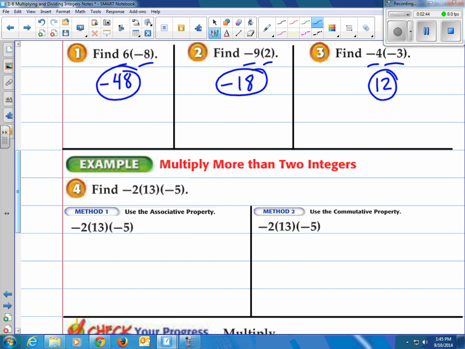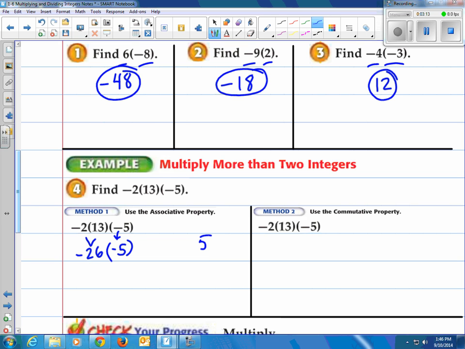If we associate the first 2 together, meaning let's just do those 2 together, we would take negative 2 times 13, which would be negative 26 because one's negative, one's positive, and 2 times 13 is 26, so we have a negative 26. Then we would rewrite this negative 5 right next to that negative 26, and we would multiply negative 26 times negative 5.